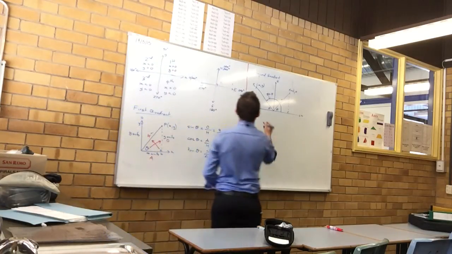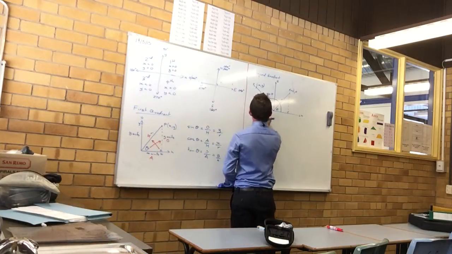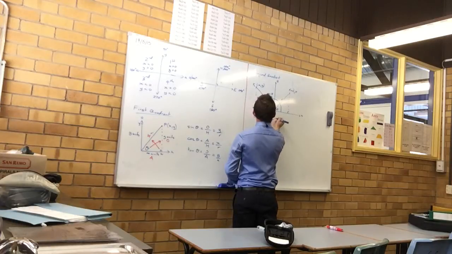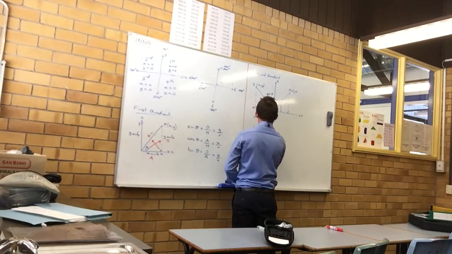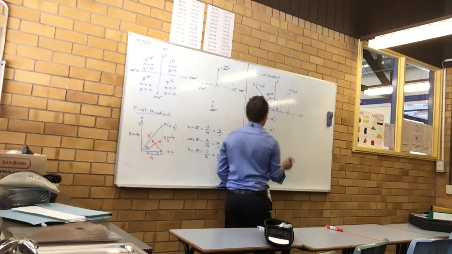So sine of 180 take away theta, cos of 180 take away theta, and tan of 180 take away theta.